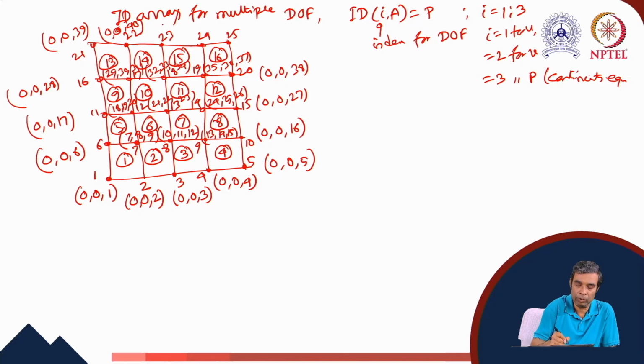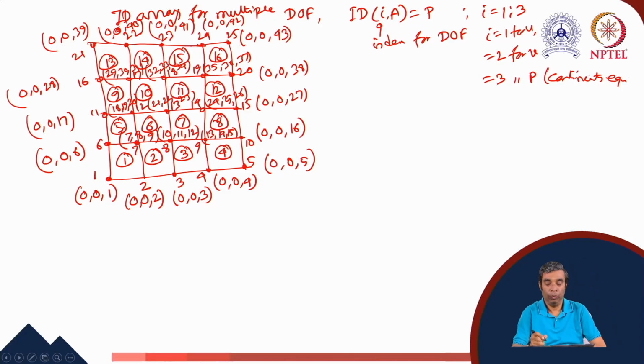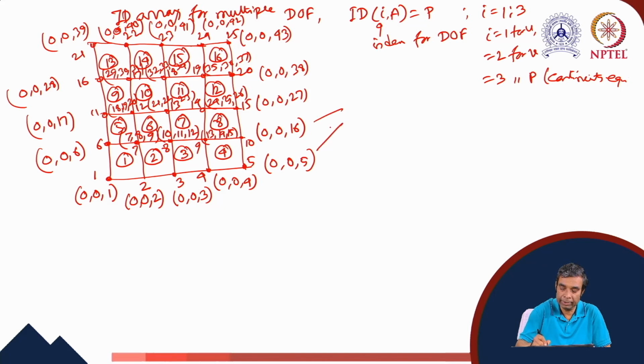At the 22nd node, 0, 0, 41, 0, 0, 42 at the 24th node, and the 25th node, the numbering is 0, 0, 43. So now we have the global equation numbers for every global node.